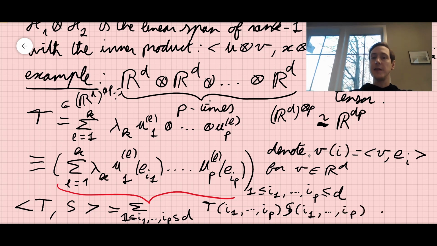Okay, so this is the inner product, which is nothing but the Euclidean structure on R^{d^P}.